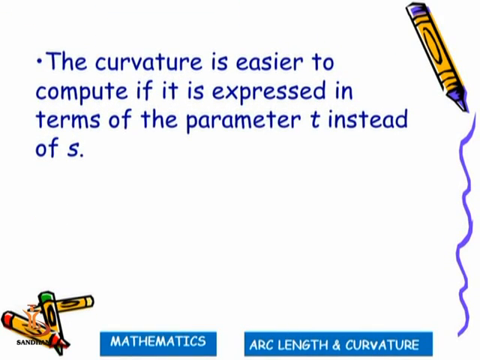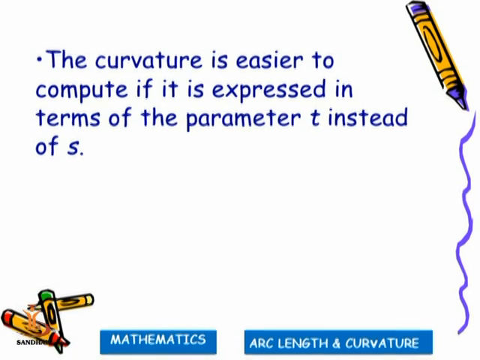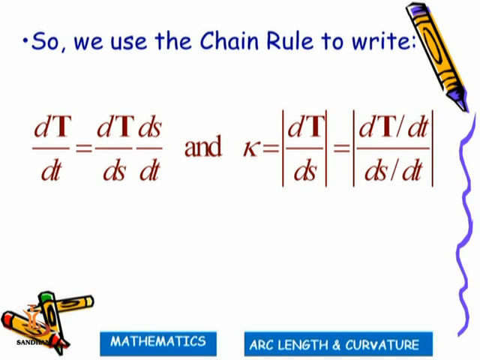The curvature is easier to compute if it is expressed in terms of the parameter t instead of s. So we use the chain rule to write dT by dt as dT by ds multiplied and divided by ds by dt.